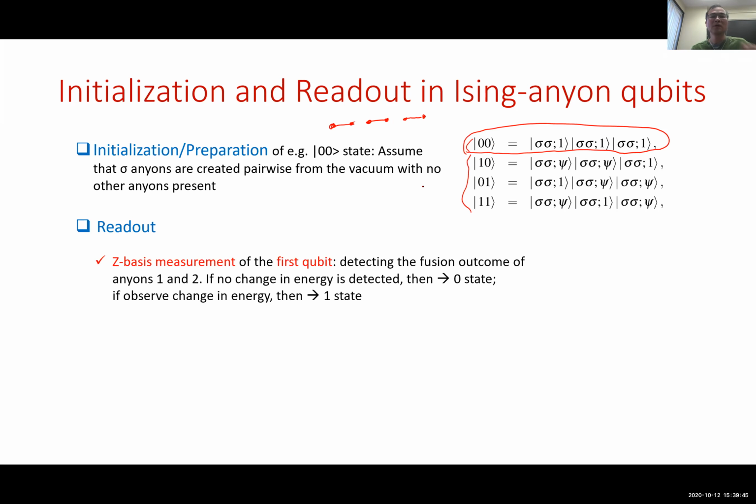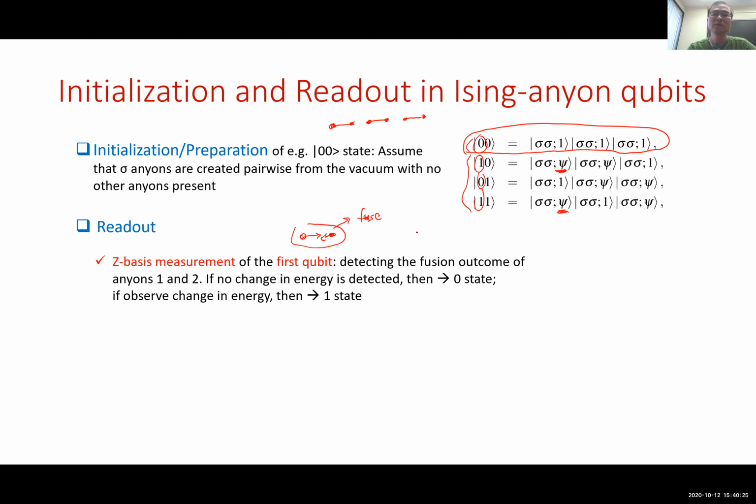Okay. Readout, how do you read out? It's also easy to see that the Z readout, the computational basis, 0, 1. If you want to read out the 0, 1 from the first qubit, you see the difference is there's a psi here of the first pair that is indicator of a 1. So what you do is really you bring these anyons together and then let them fuse.